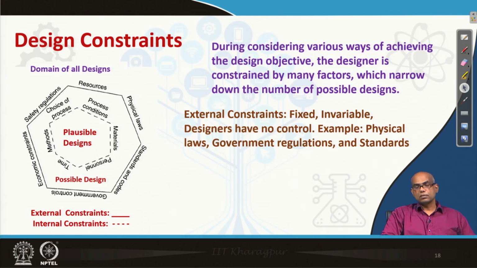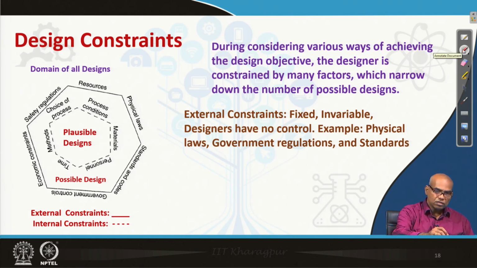Some constraints are very rigid constraints, they are fixed, invariable, and the designers have no control over these constraints. These are external constraints. For example, physical laws, government regulations, codes and standards, etc. So, you cannot relax these constraints.